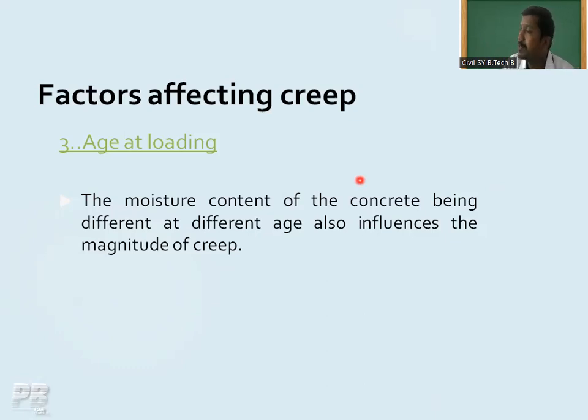Because whatever moisture is present in the atmosphere will also go on increasing or decreasing, changing with the changing environmental conditions. Summer season, winter season, rainy season. In three different seasons, the moisture content definitely varies, and it also influences the magnitude of the creep.